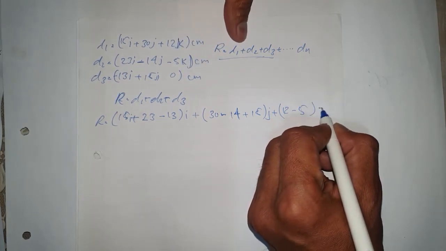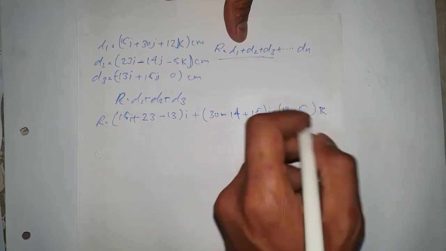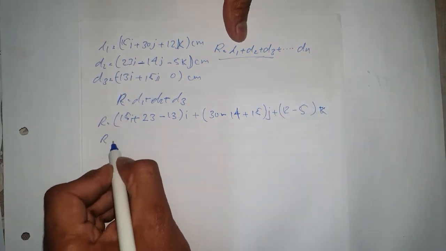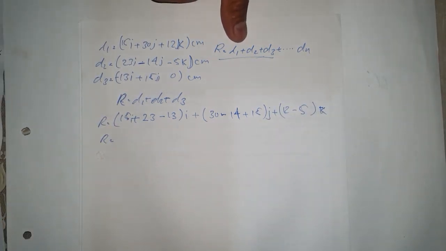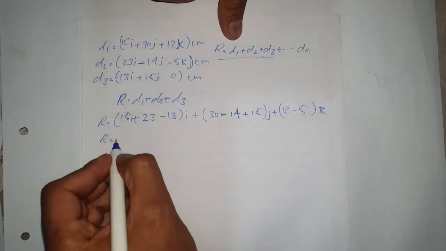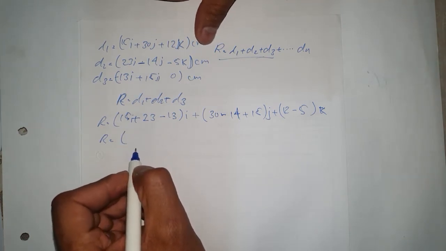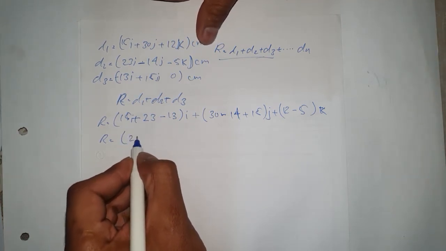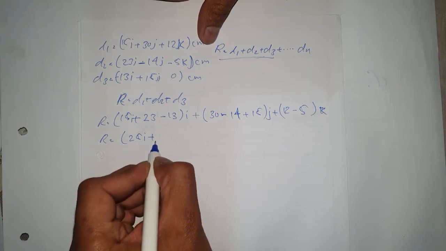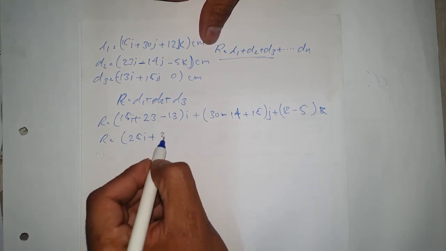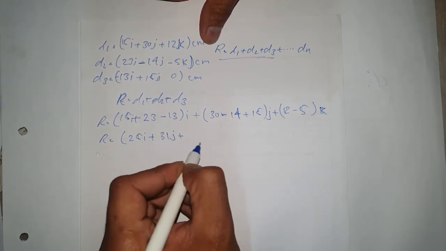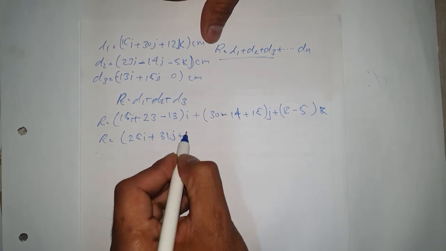When we add all those things, our final r is equal to 25i plus 31j plus 7k.